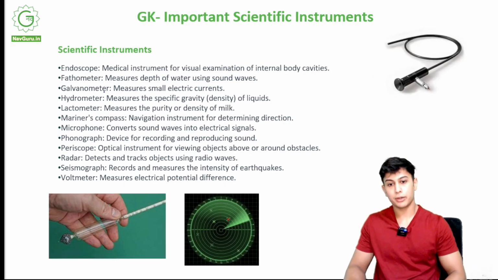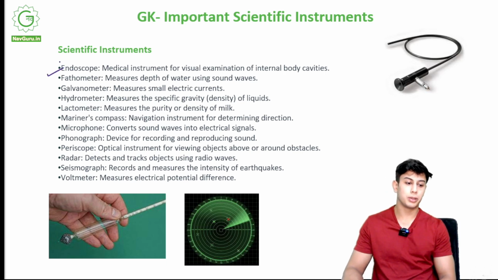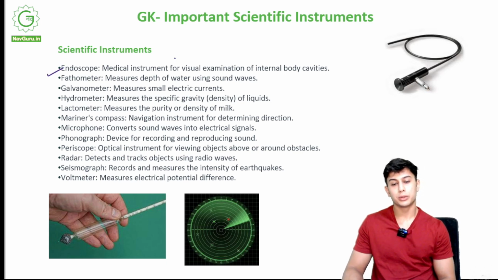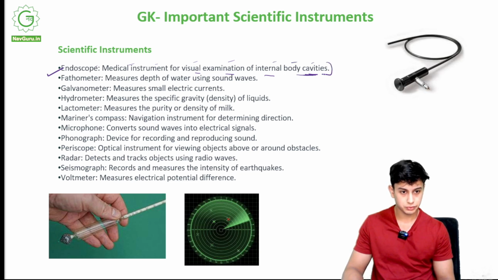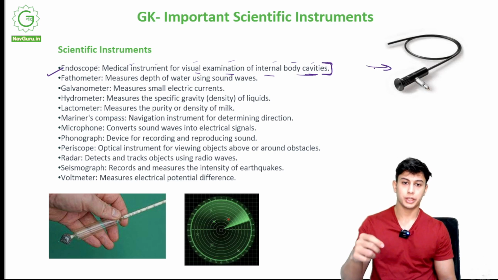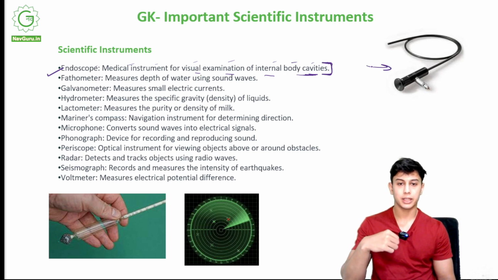We study about the endoscope. If anyone has heard about endoscopy, an endoscope is a medical instrument for visual examination of internal body cavities. This endoscope will go inside you, right?